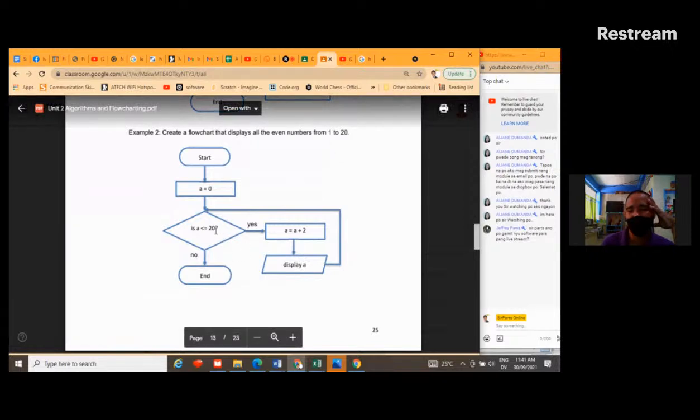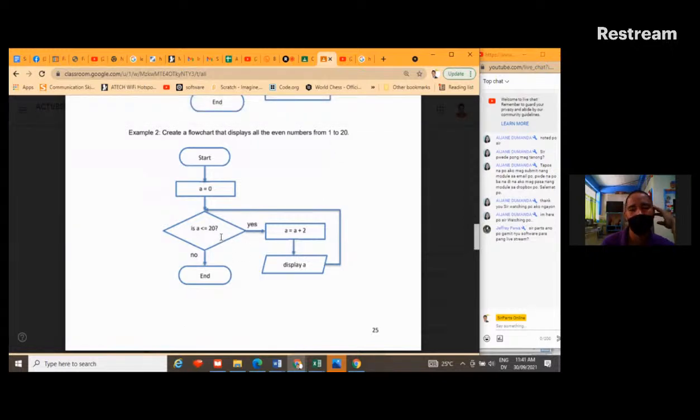So there is a problem with this particular problem, no? Because after we have 20 here, what happened is that it displays 22. It will still display the number 22.